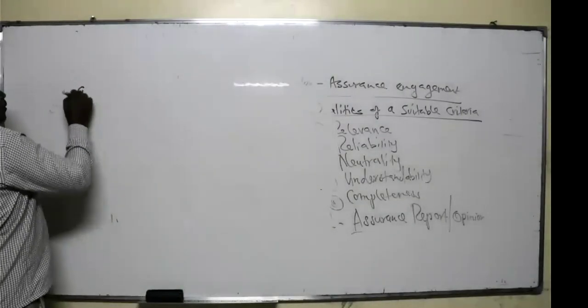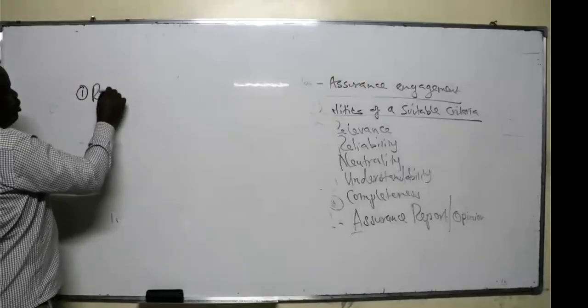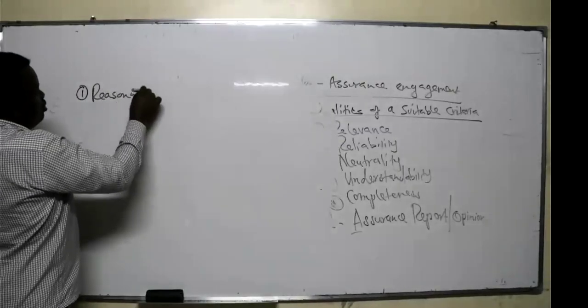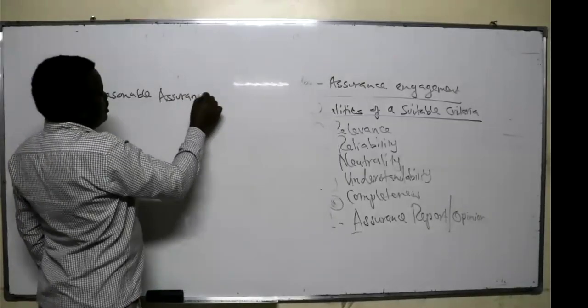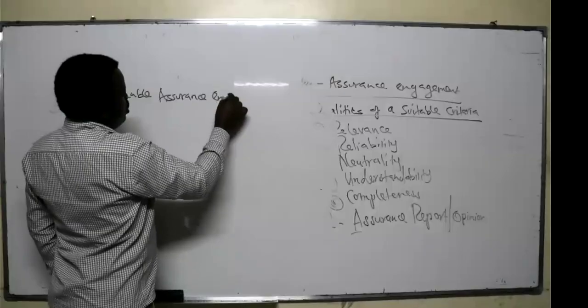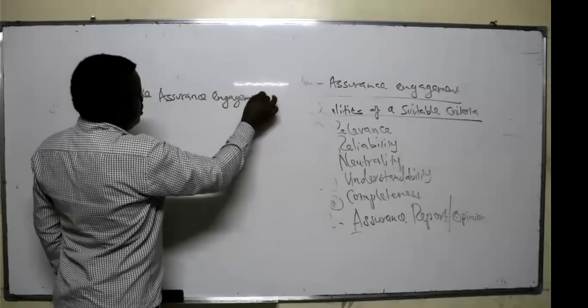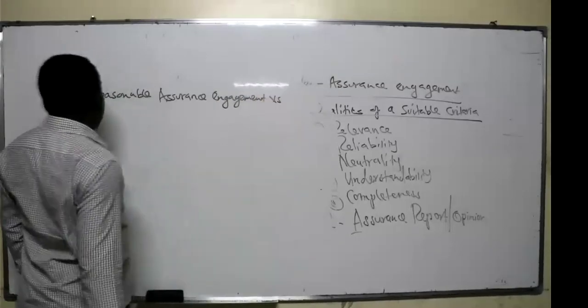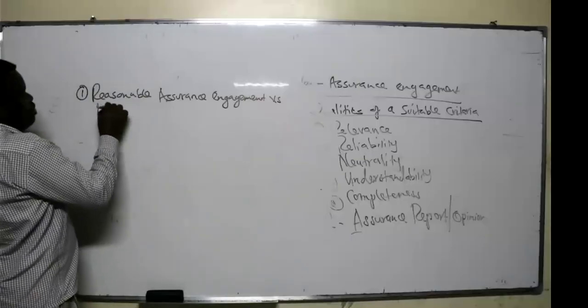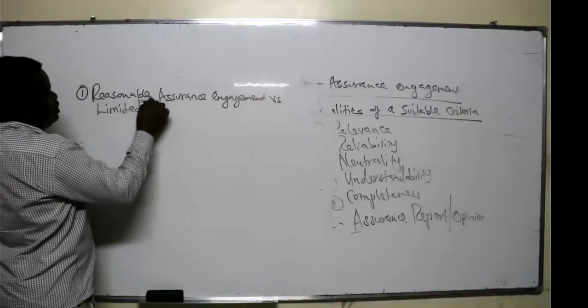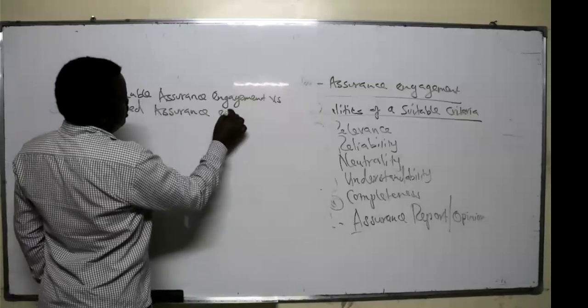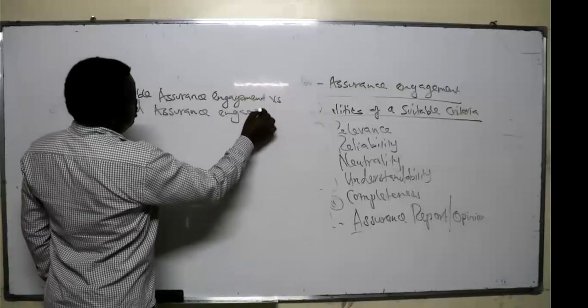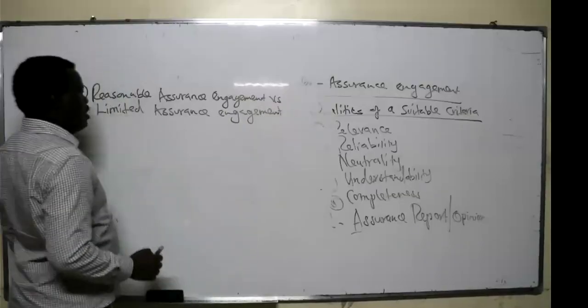So number one is a reasonable assurance engagement, vis-a-vis limited assurance engagement.